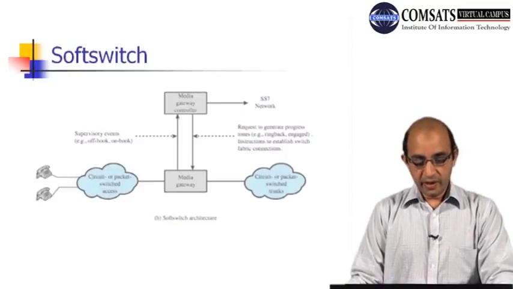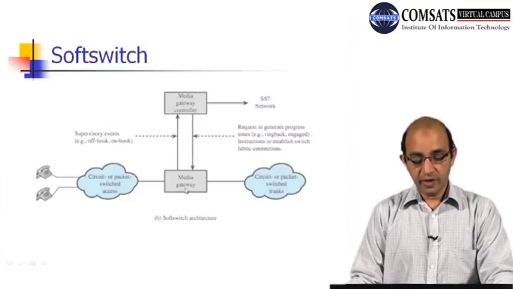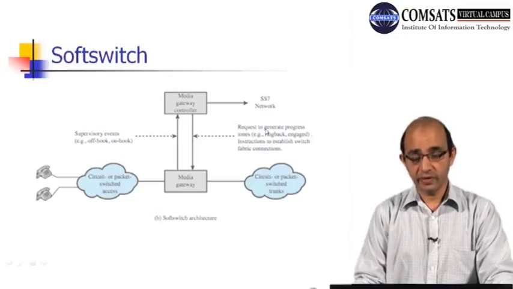So here we have the architecture. We need a media gateway controller, and here we have a media gateway. Supervisory events, so we need to generate different events, off hook, on hook, and then different tones, ring back, engaged, and instructions to establish switch fabric connections.